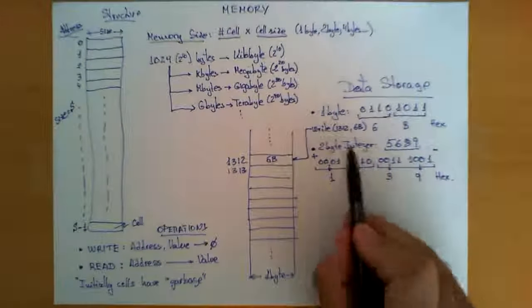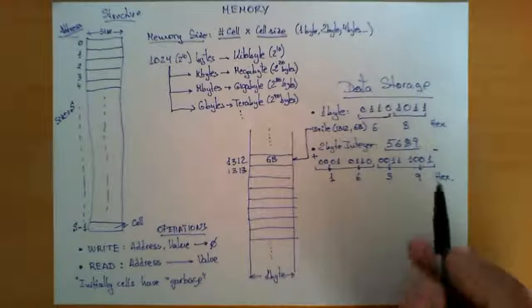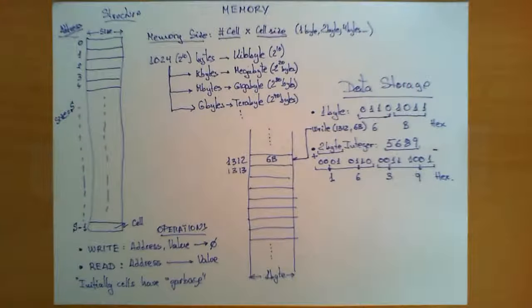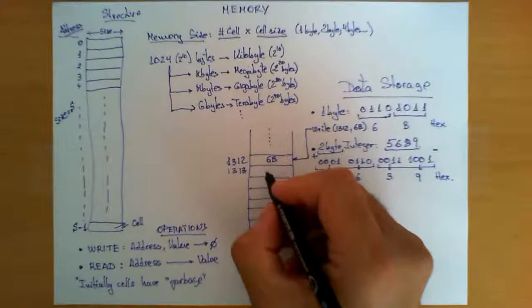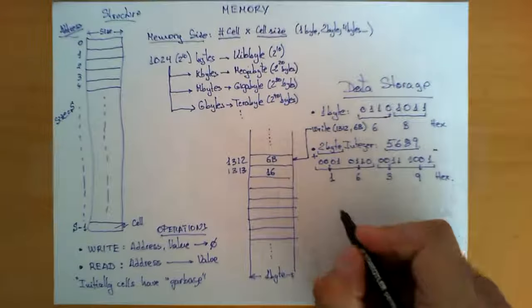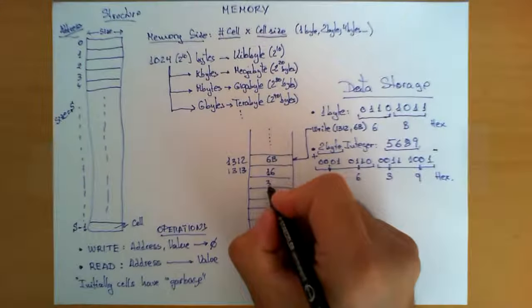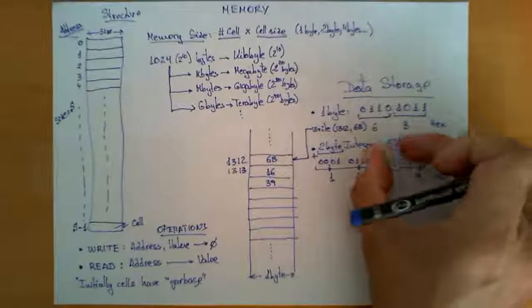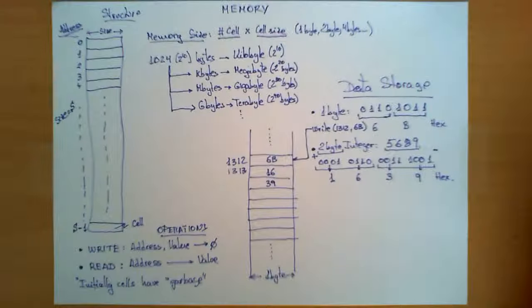Now, how do we store this integer in memory, bearing in mind that this integer needs 2 bytes? Well, clearly, one option is to use this first cell and store here 16, which corresponds to the first 8 bits, and in the next cell store the number 39. That way, this number is now stored in these 2 cells over here.